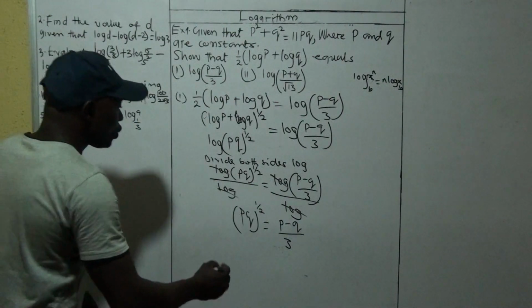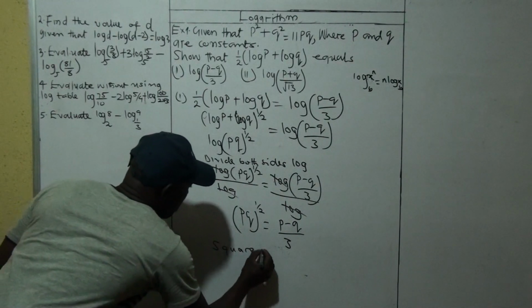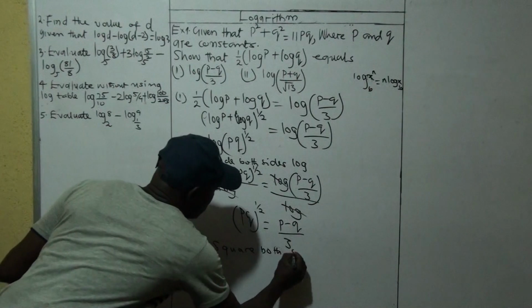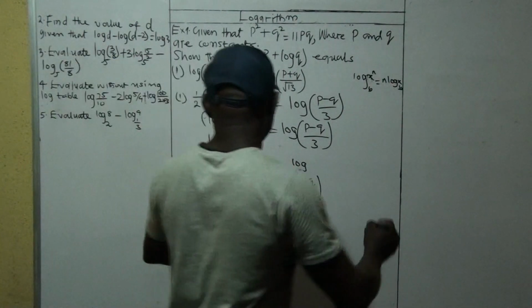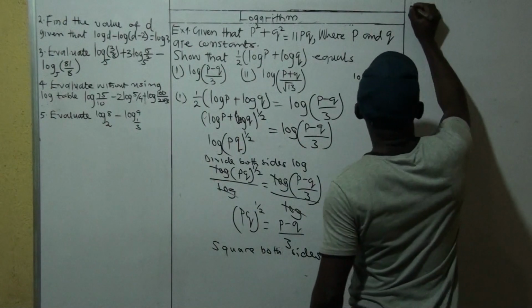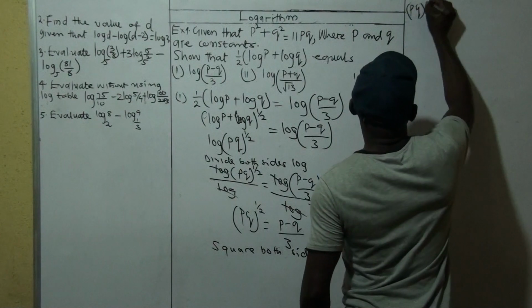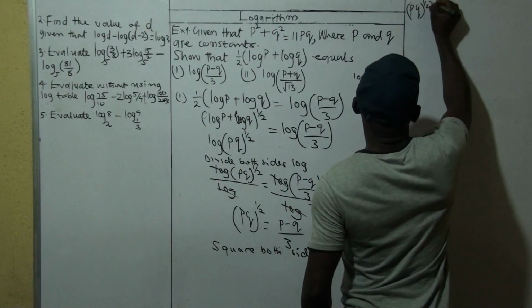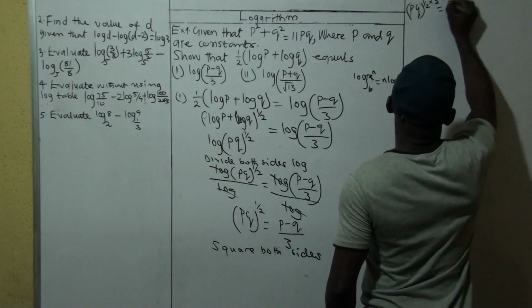So what we need to do here, first of all, in order for us to clear this power, we say square both sides. If we square both sides, it means this will become pq all raised to power half times half. That is the square we are seeing here.